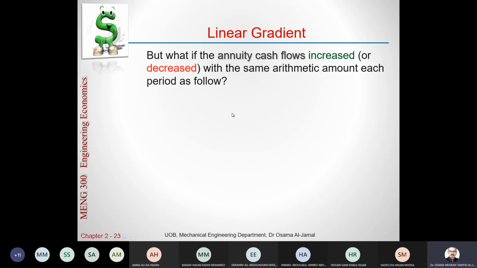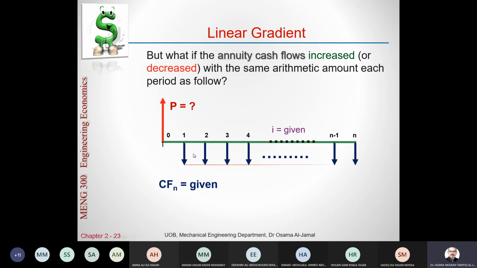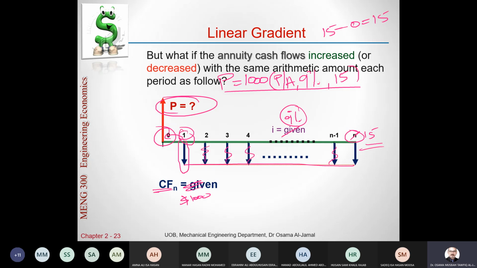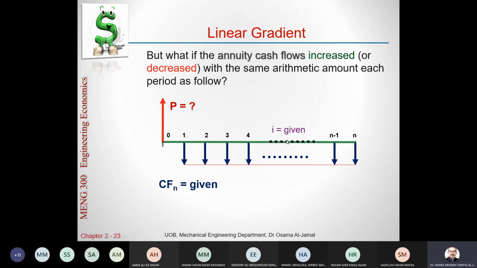So what if that annuity cash flows increased or decreased by the same arithmetic amount each period, like what we have here, like what we did in the previous example? What if we have this increasing or decreasing?